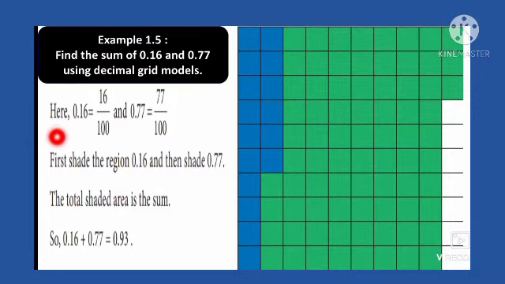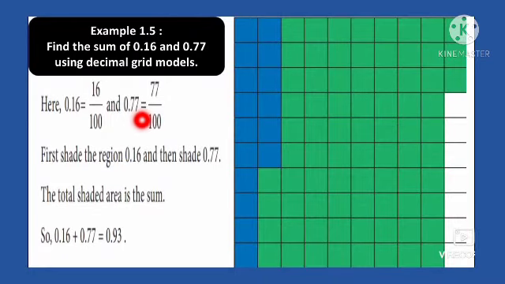So 0.16 can also be written as a fraction as 16 by 100. If 2 zeros are in the denominator, we put the decimal point before 2 digits, isn't it? And 0.77 means 77 by 100. So we are writing the decimal numbers in the form of fractions.